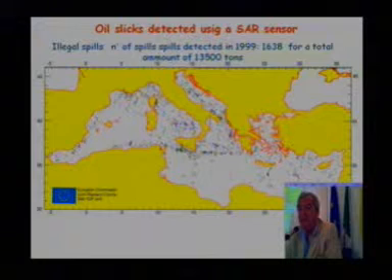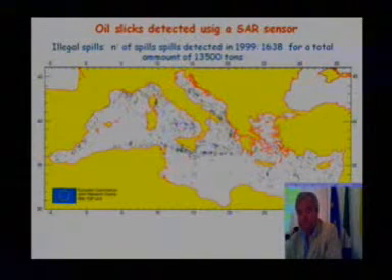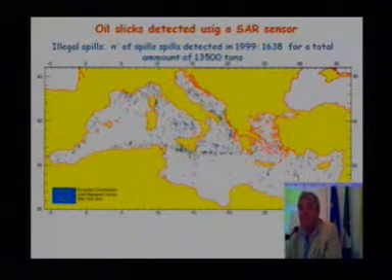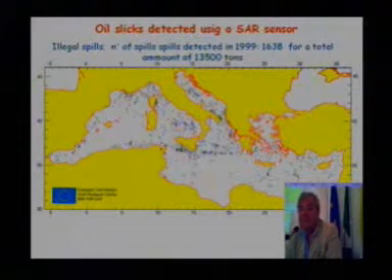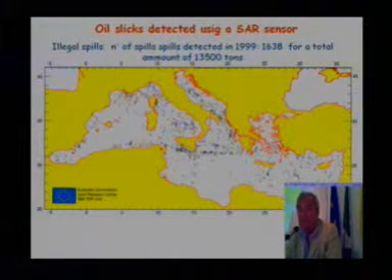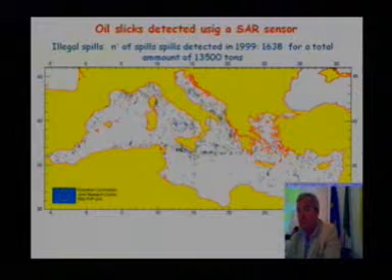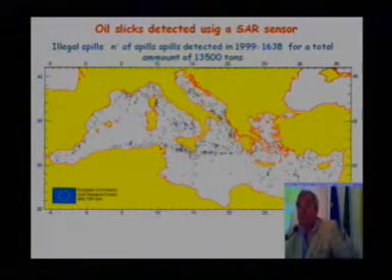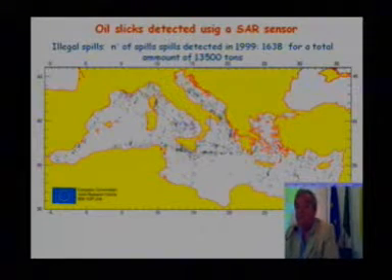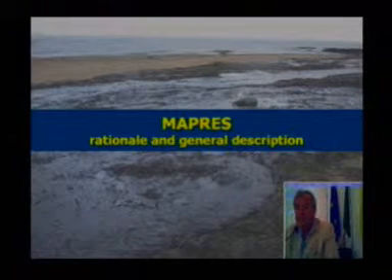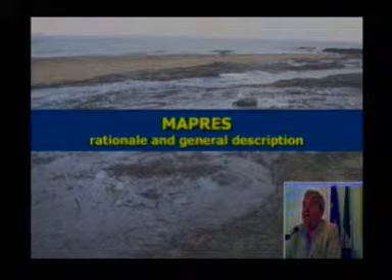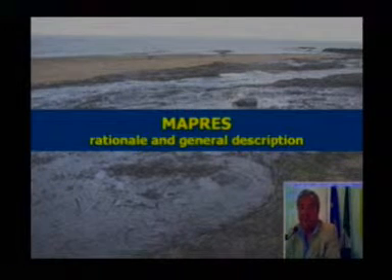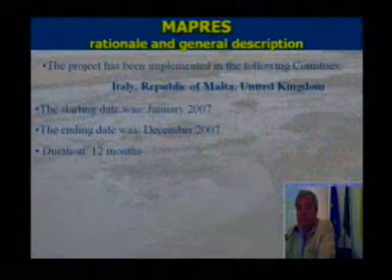We had 1,638 spills detected in that year using a sensor equivalent to the one I showed before, for an amount of 13,000 tons. And so here we have a brief description of our project.